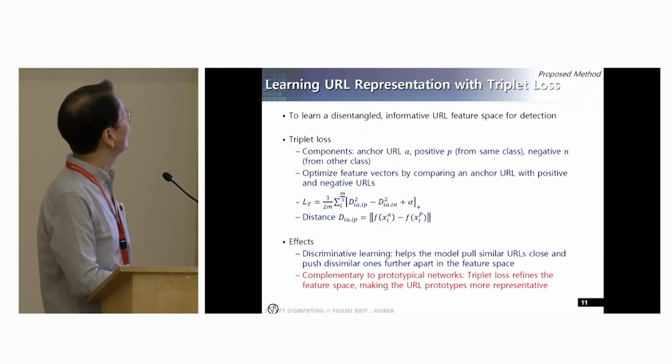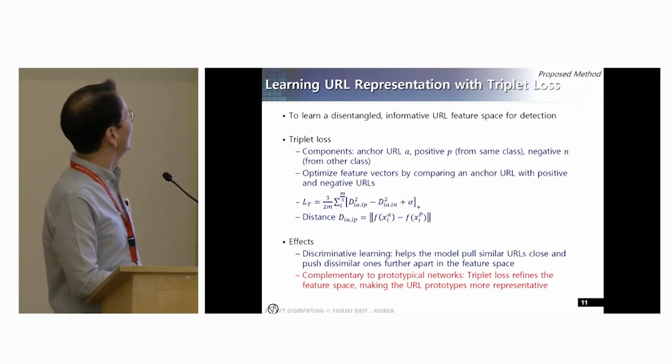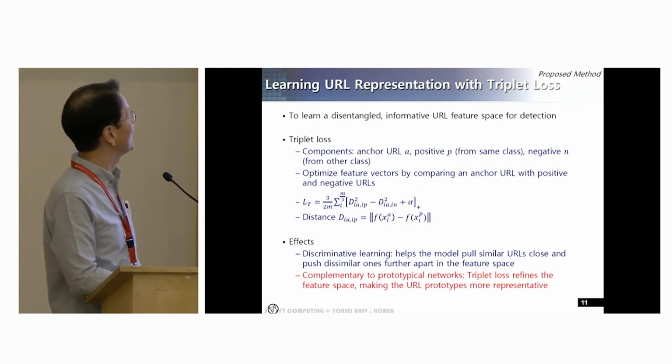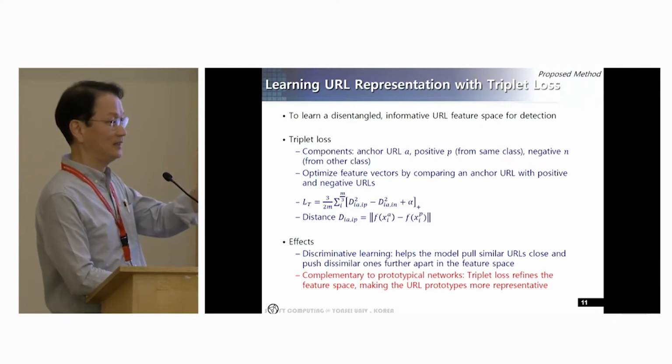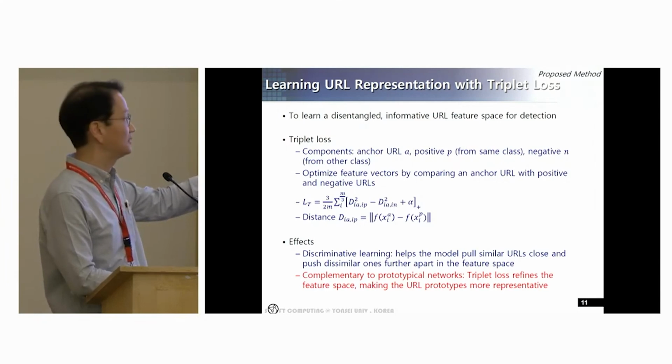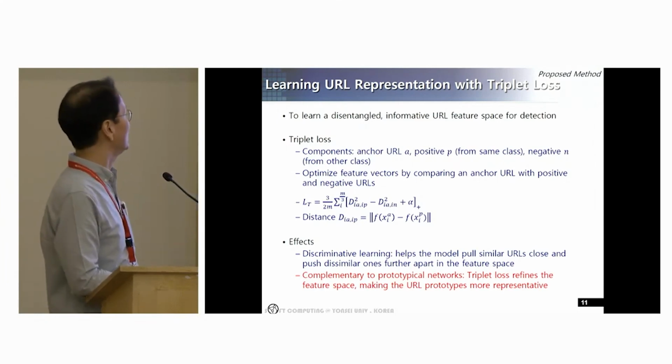In order to learn a disentangled and informative URL feature space for detection, we utilize the triplet loss, as I mentioned before. There are three different components in triplet loss. Anchor is just the baseline, positive is the same class data, and negative is different class data.